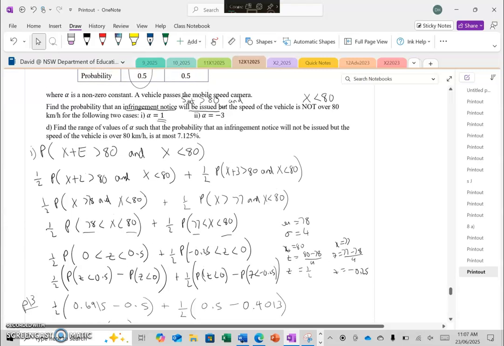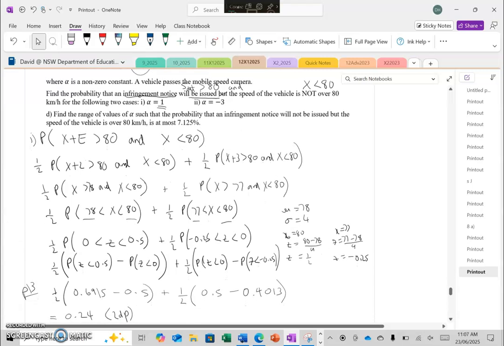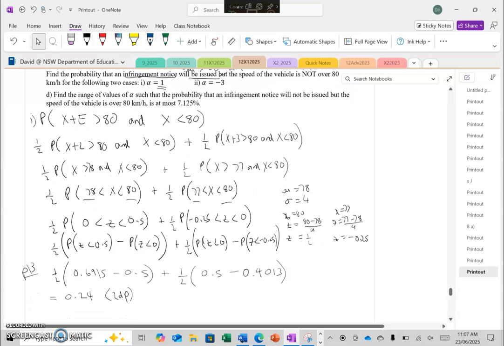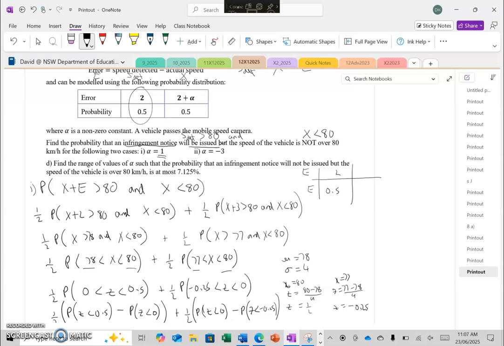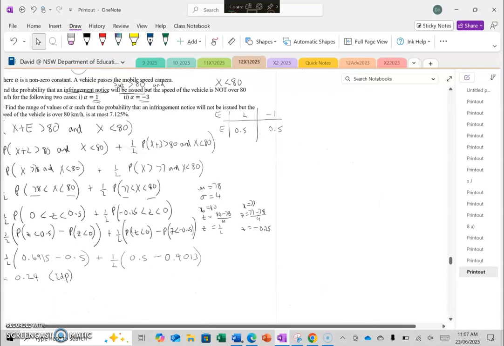But my vehicle speed is not actually over 80. Part II is very similar to I, except they've changed the value of alpha. Okay, so the table then becomes, here's your error. 2 is still 0.5, so that works out to be the same. And 2 plus alpha, if you plus negative 3, that'll be negative 1. You get 0.5 there.